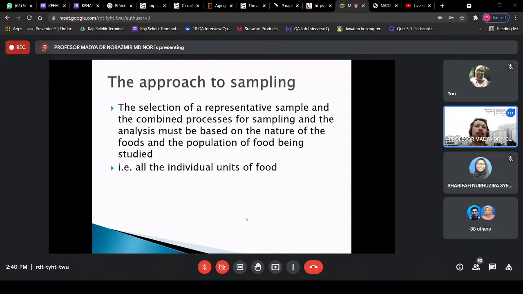If it's a solid food, the sampling also must be in a solid food. So we can't change the condition from liquid to frozen, bring it all the way to the lab, then thaw it again to become liquid. So the analysis will be inaccurate.